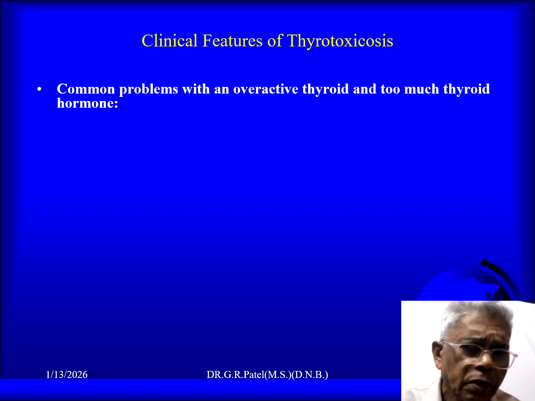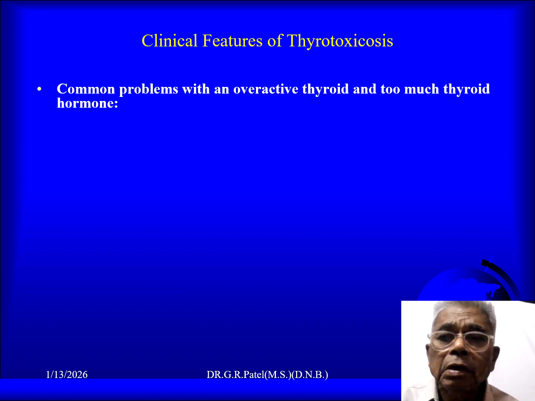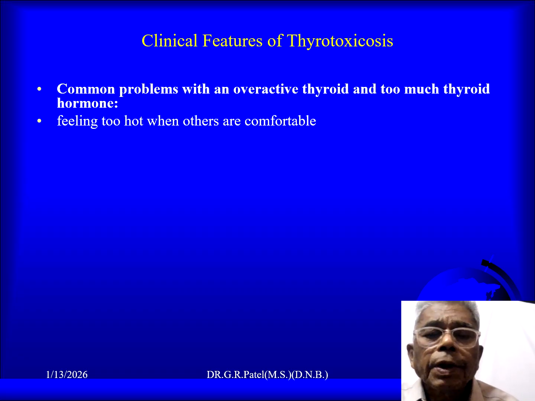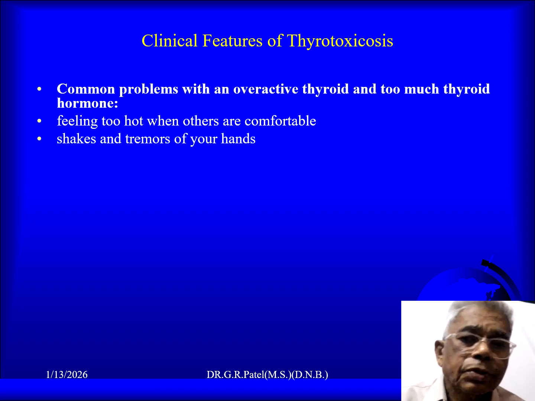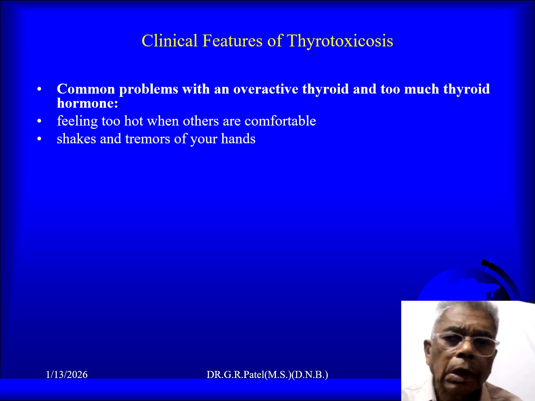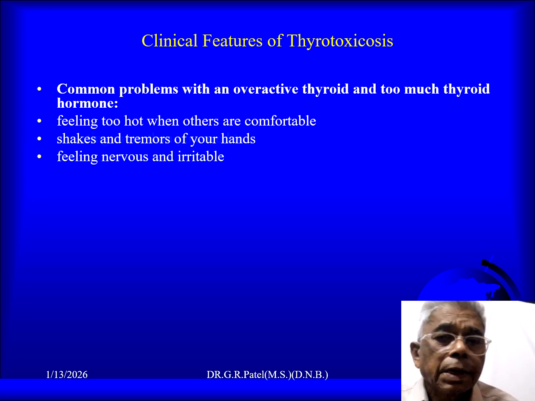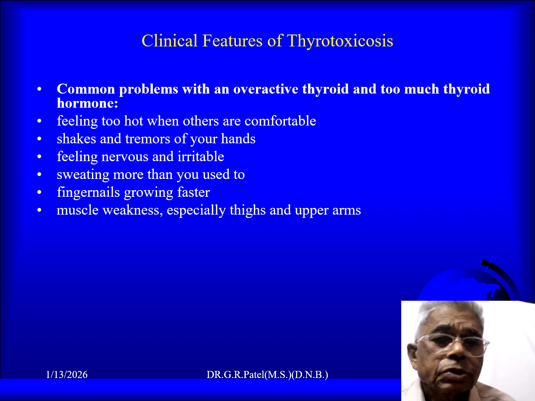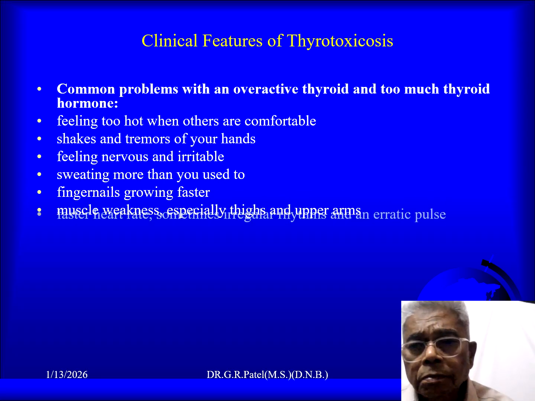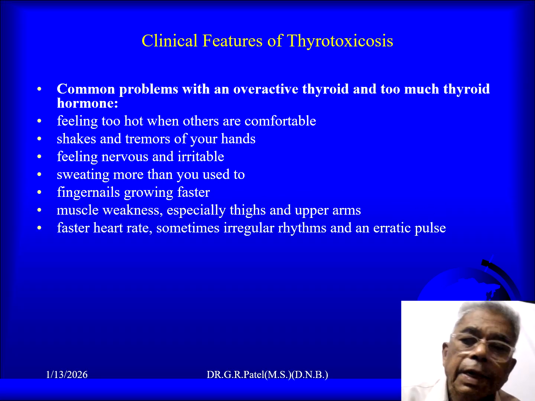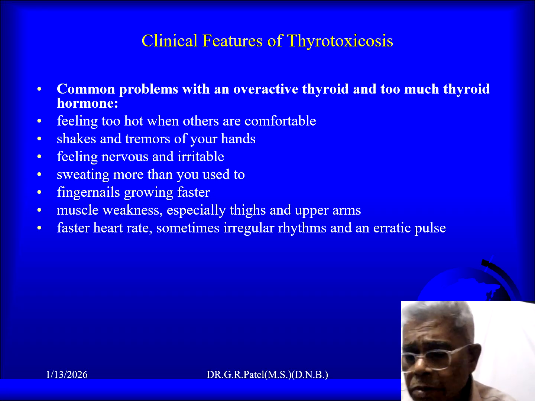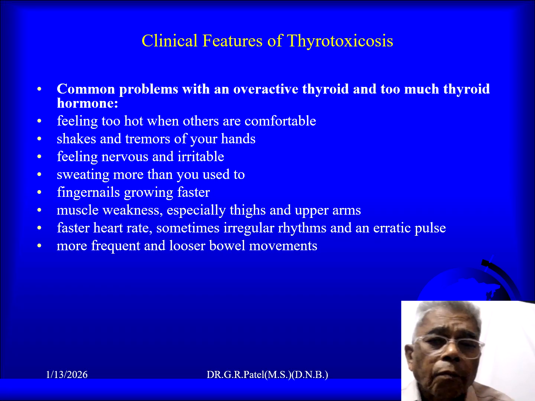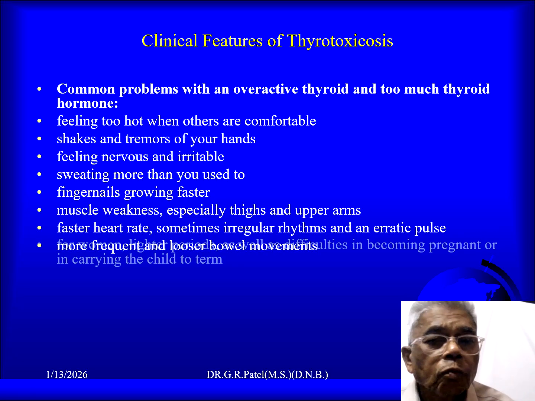Clinical features of thyrotoxicosis, common problems with an overactive thyroid and too much thyroid hormone: feeling too hot when others are comfortable, shakes and tremors of your hand, feeling nervous and irritable, sweating more than you used to, fingernails growing faster, muscle weakness, especially thighs and upper arm, faster heart rate, sometimes irregular rhythm and erratic pulse, that is cardiac arrhythmia, more frequent and looser bowel movement.